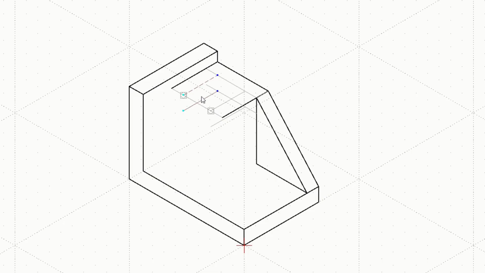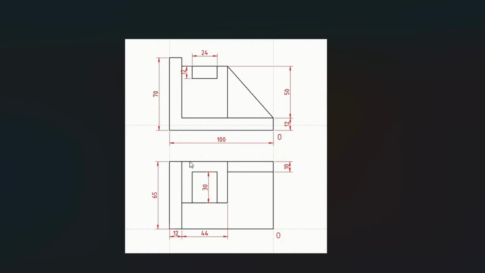These two lines are separated by 12 mm, and so are this and this. Now this line is visible, which is here in the front view. This line is visible, which is vertically down along the z-axis, and this line, which is along the y-axis, is also visible. So let's draw this particular part of the object.